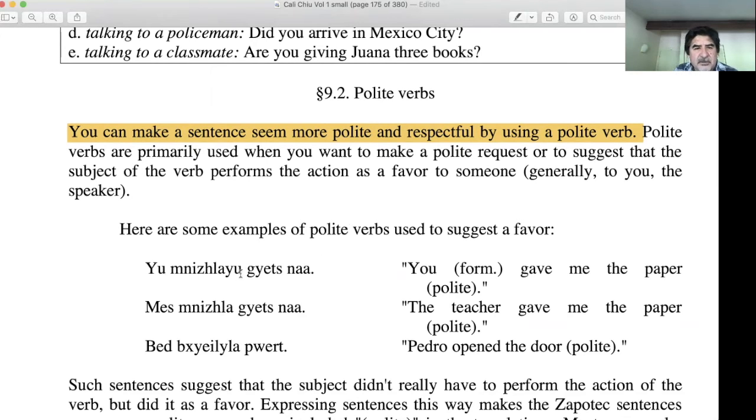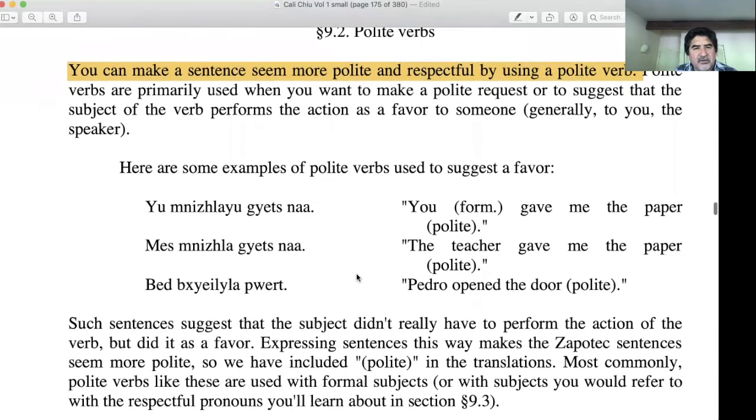So you, formal, gave me the paper in a polite way. So what we're doing is that we insert this la to make it polite. As you can see here, here, and here we have this la extender, which we'll explain a bit.